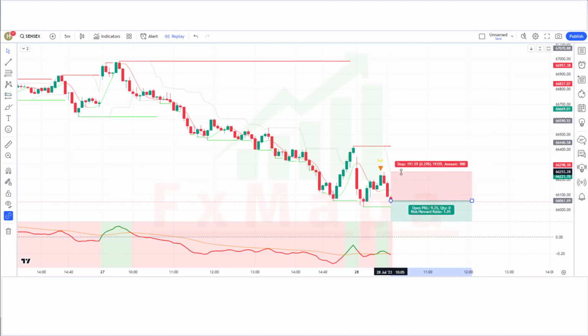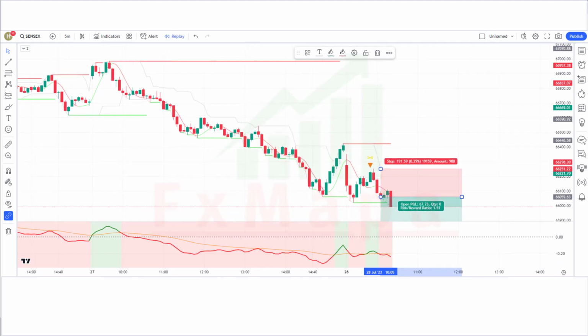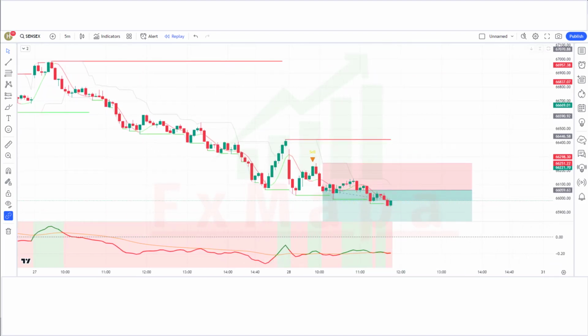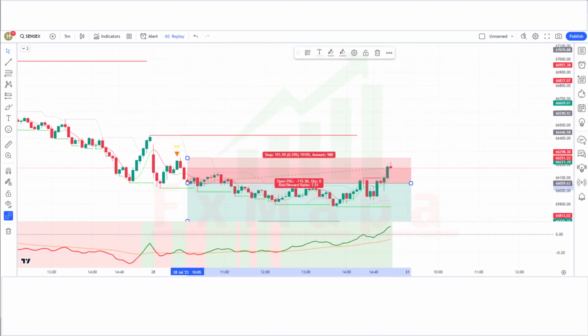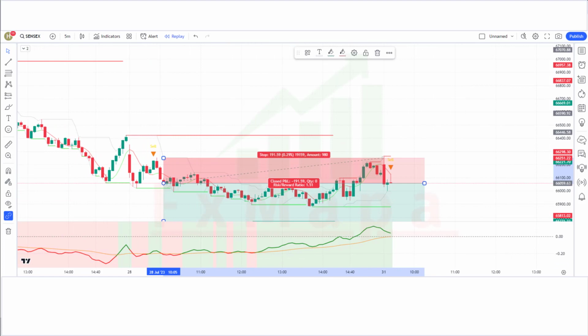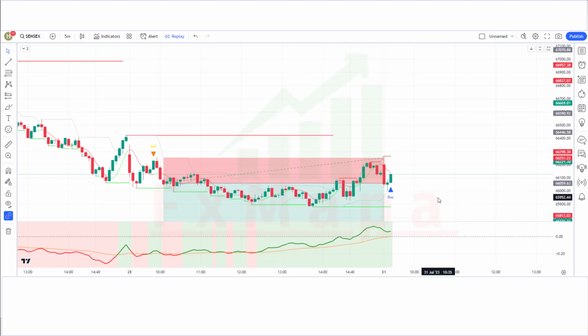And the risk to reward ratio will be 1:1.5. Let's see what happens to our trade. Our trade is running in profit. We have lost this trade. Never mind, sometimes it happens in the market. We must remember one thing: no strategy works 100% in the market.